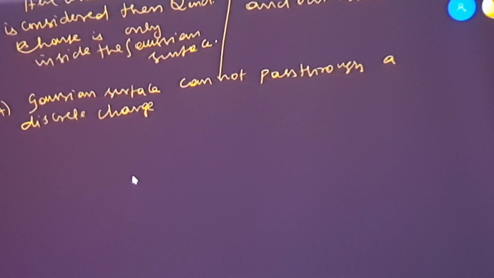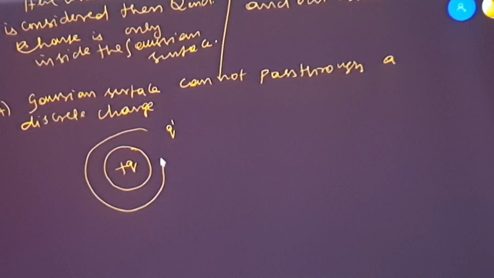Let us consider like this. I have a positive charge plus Q here and another charge q1 or q dash here. Now, I am going to consider a Gaussian surface around this charge plus q. I can consider like this, or like this, no problem.